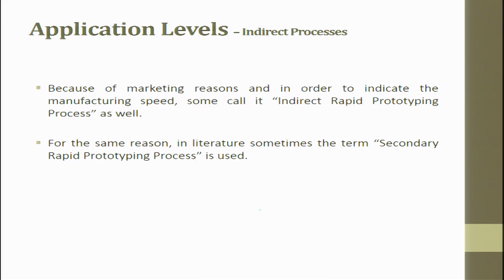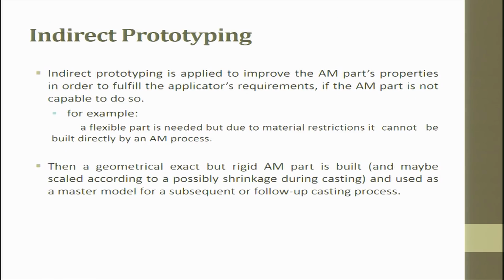Because of marketing reasons, and in order to indicate the manufacturing speed, some also call it the indirect rapid prototyping process. For the same reason, in the literature the term secondary rapid prototyping process is sometimes also used. They are all part of indirect processes. Indirect prototyping is applicable to improve the AM part's properties in order to fulfill the application's requirements.